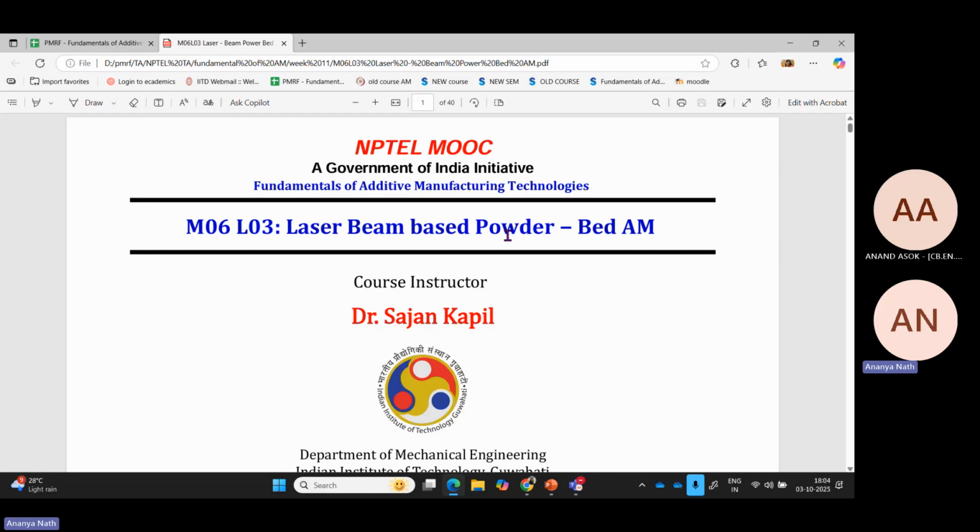The remaining last option we have is the powder bed fusion process, which is the last state of the art or second last state of the art in my classification tree of additive manufacturing. In powder bed fusion, we have two types, whether it's SLM or SLS, selective laser melting or selective laser sintering.